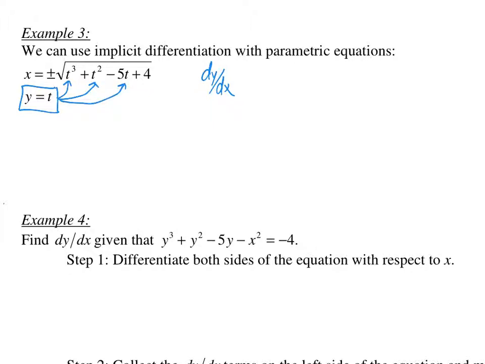Now notice there's a plus or minus. Okay, now positive 1 and negative 1 are constants. So we can just take the derivative and then put a plus or minus.